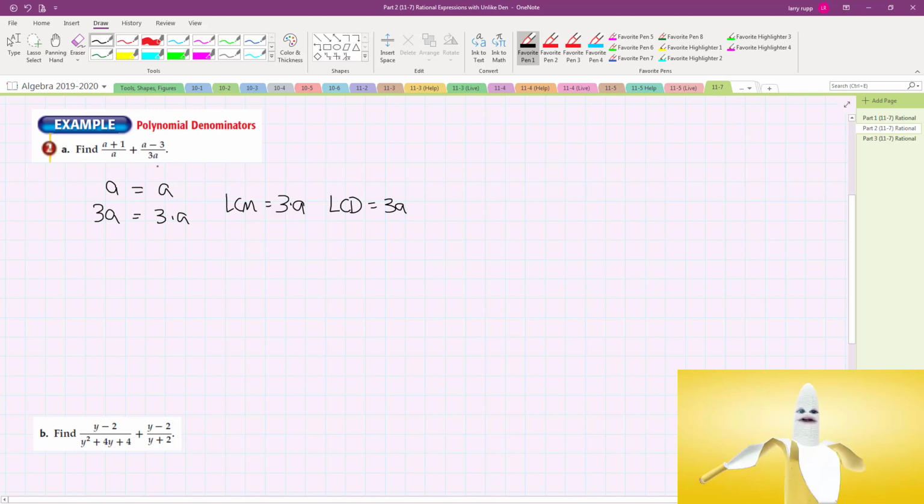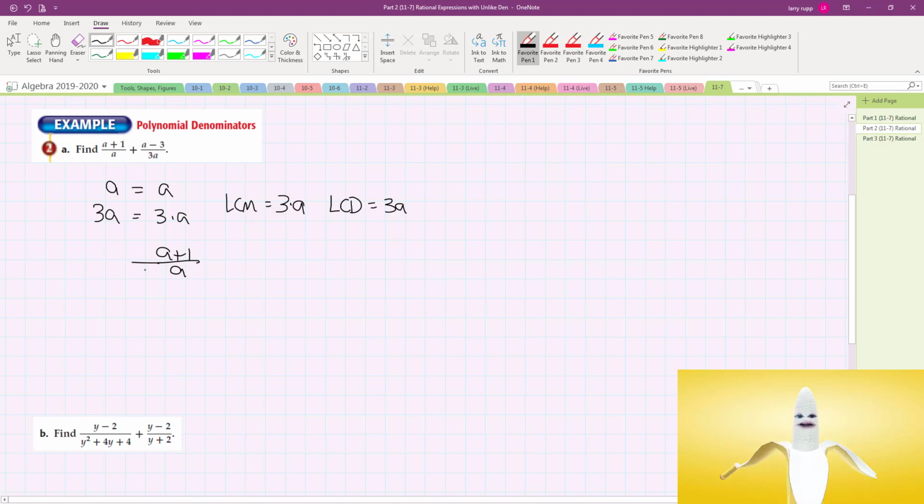So we look at our original problem here, and the second term, a minus 3 over 3a, already has that denominator present. So we can leave that one alone, and all we need to worry about is that first term, a plus 1 over a. Now what do we need to do to this term to get the denominator into a 3a?